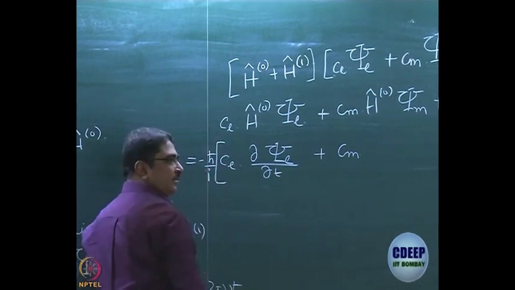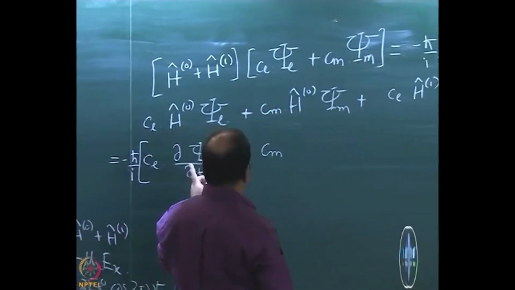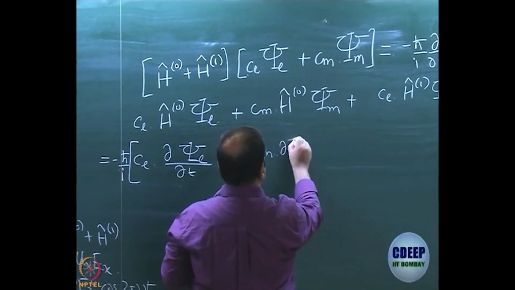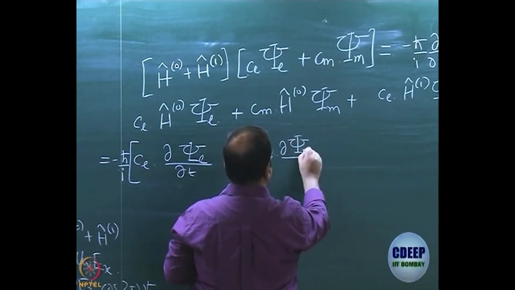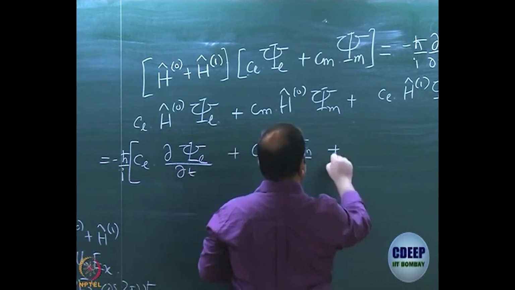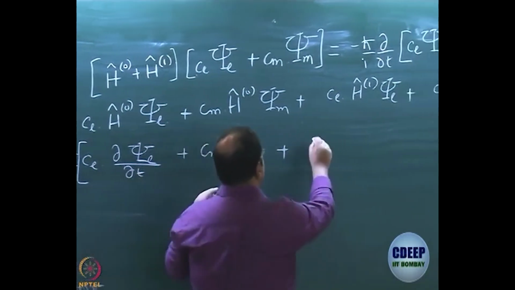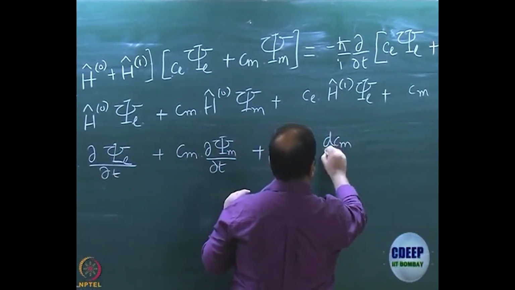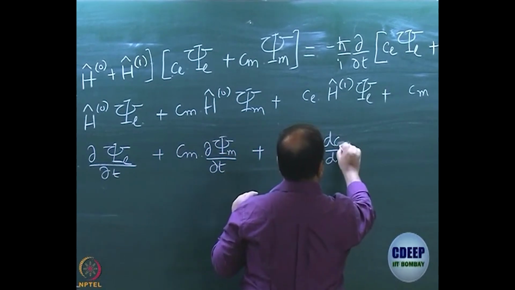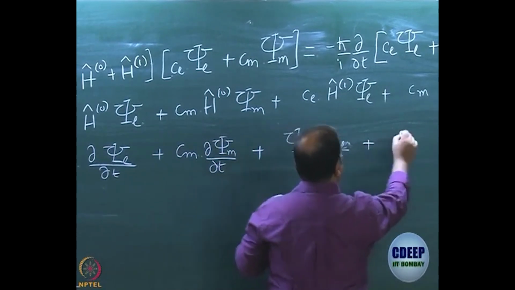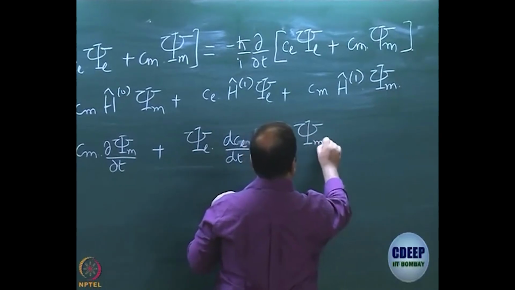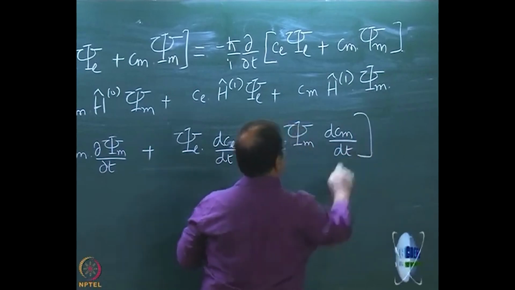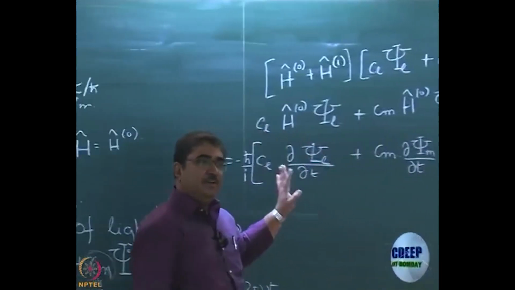I will write it once, safe chalk, minus H cross I multiplied by Cl del T of capital psi L, Cm del T of capital psi M, plus, this is the important part, capital psi L dCl dt plus capital psi M dCm dt. Okay, so far so good, alright.